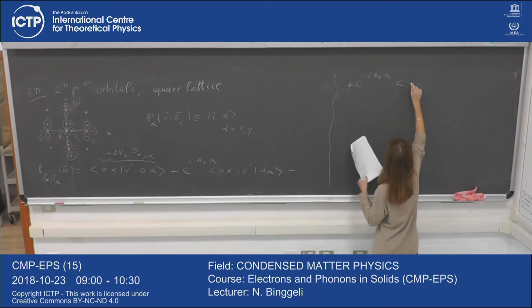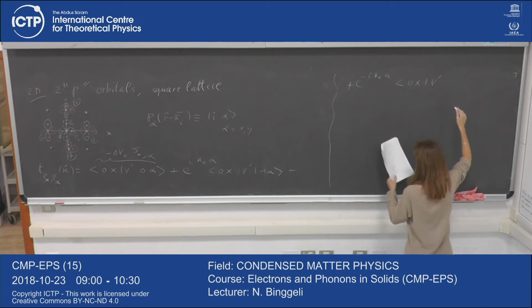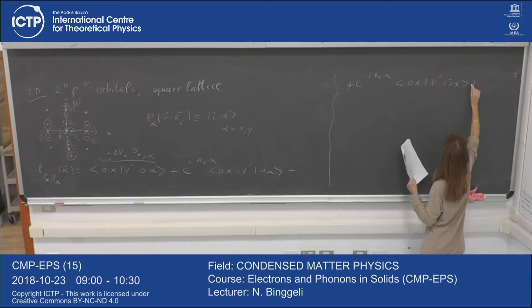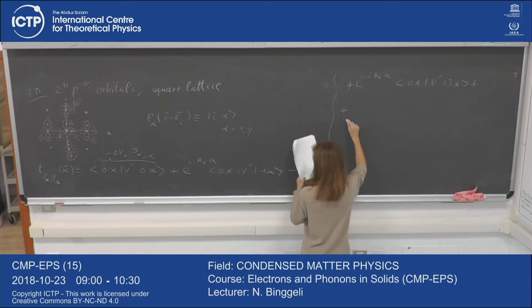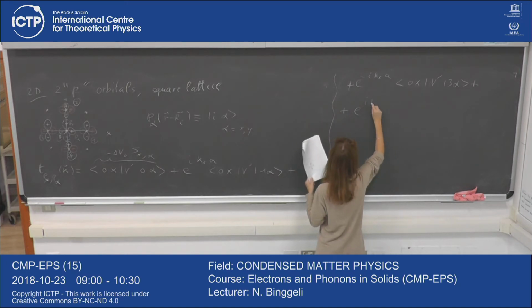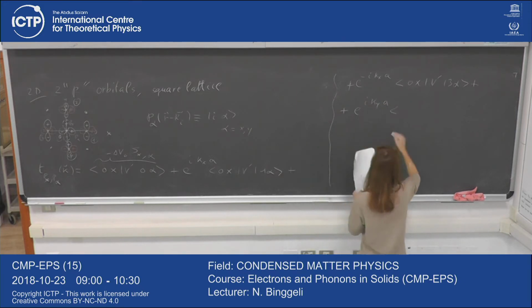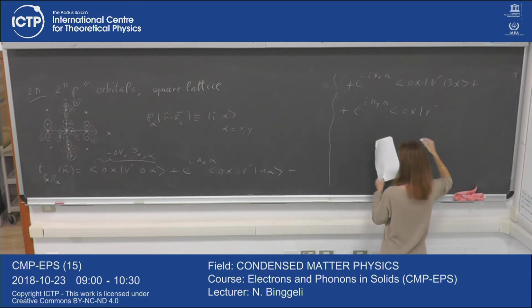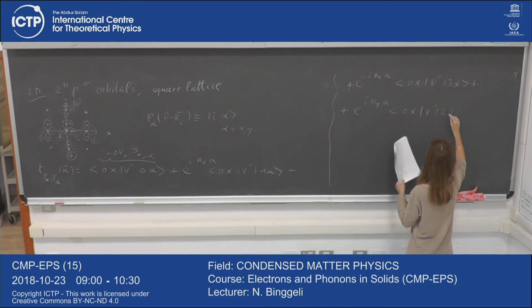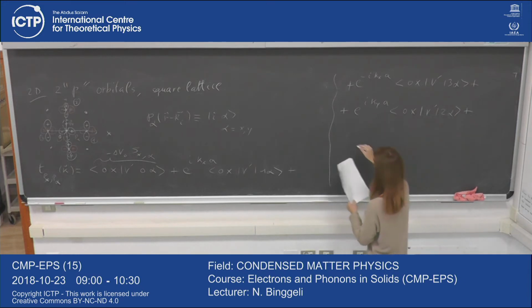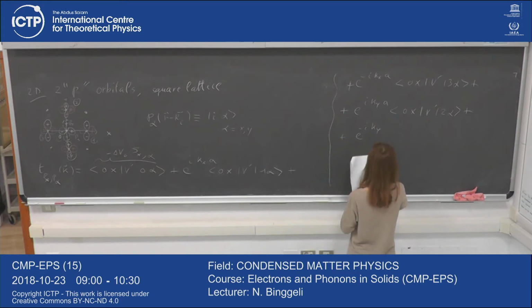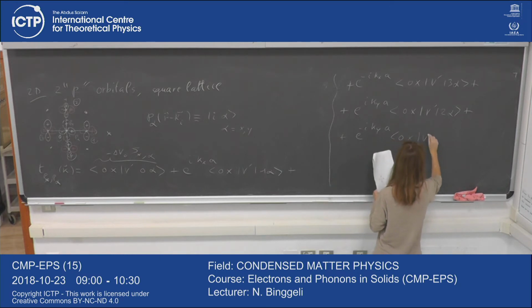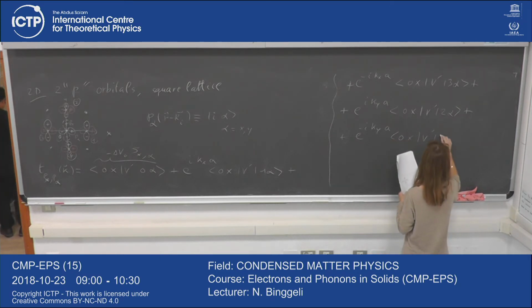And this gives me the matrix element 3 prime 3 alpha, plus, if I sum over the atoms 2 and 4, I will have exponential i ky a times the matrix element 0x b prime to alpha, plus exponential minus i ky a times 0x b prime for alpha.